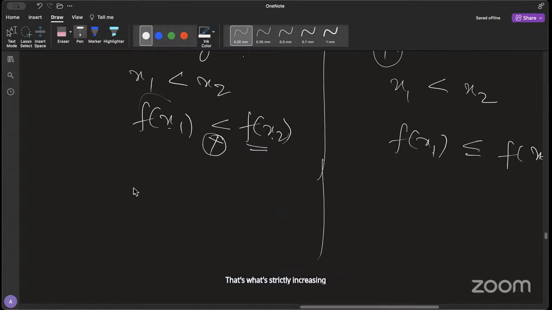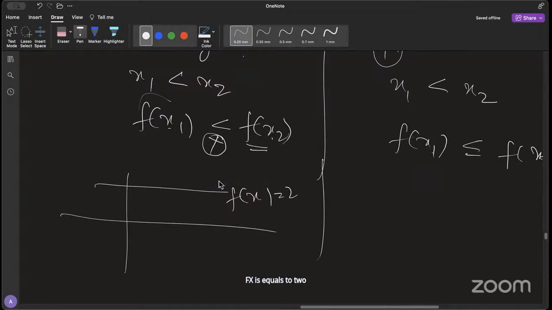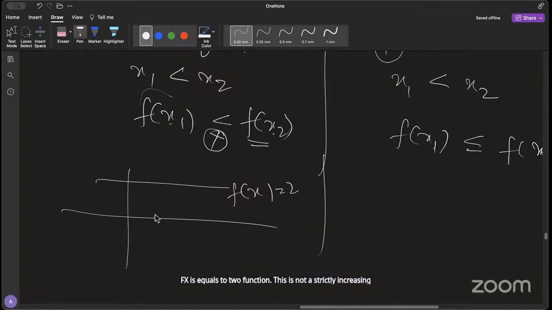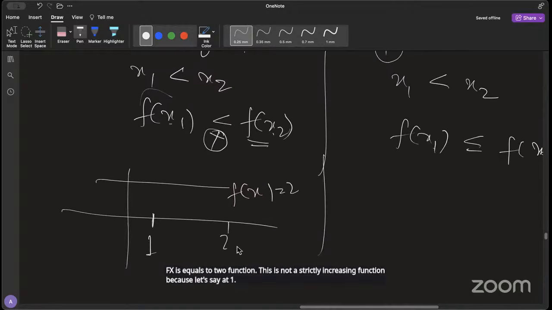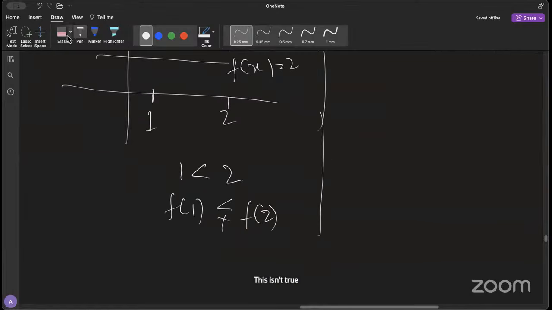Now if you have something like f(x) = 2, this is not a strictly increasing function. At 1 and at 2, 1 is less than 2, but f(1) is also 2 and f(2) is also 2, and 2 is not strictly less than 2.